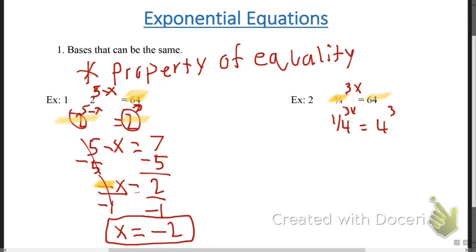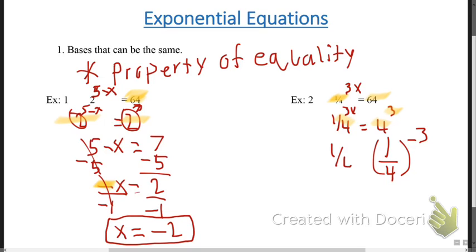Now, what we have to do is make the bases the same. So, how in the world would we do that? Well, if you take your exponent, which is the 3 here, and change it to a negative exponent, it causes the base to flip. So it would be 1 over 4 to the negative 3, and that would be equivalent to 64.